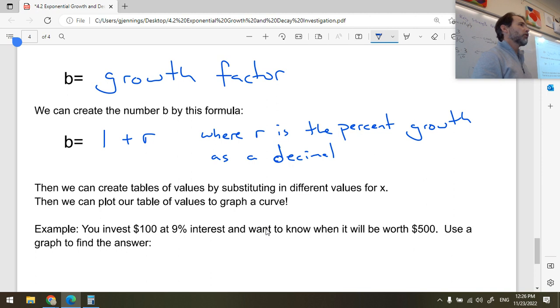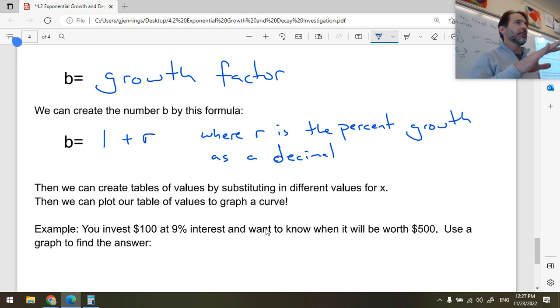So if you knew that you were growing by 12%, R as a decimal would be 0.12. That's the number Noah used to find $120. And then we add that to 100%, or we add it to 1 to create our growth factor of 1.12.